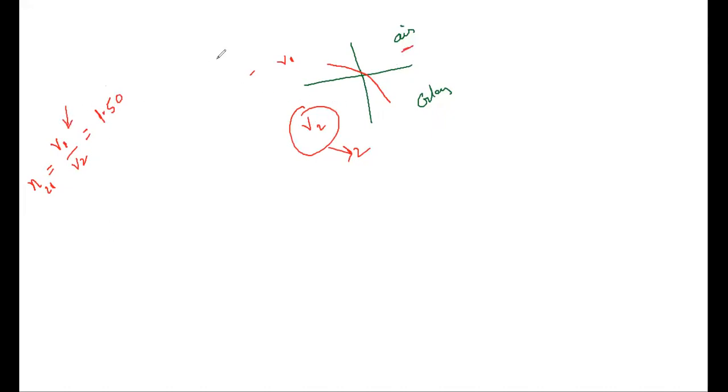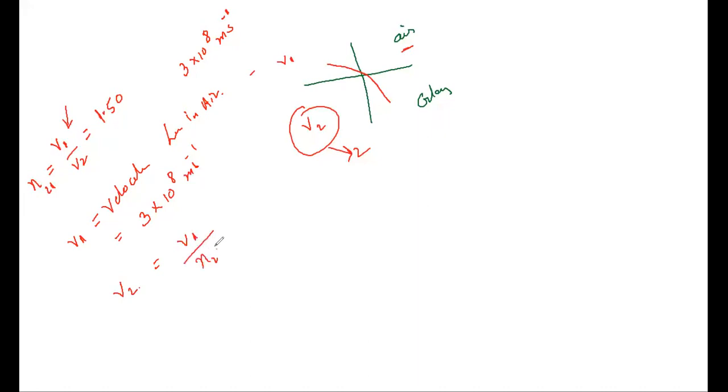Now the V1 value: V1 is the velocity of light in air. In the question, the velocity of light in vacuum is given, which is 3 into 10 to the power of 8 meters per second. So we can take the velocity of light in air as the velocity of light in vacuum because they are nearly the same. Now we want the V2 value, so I'll get V2 by V1 divided by N21.